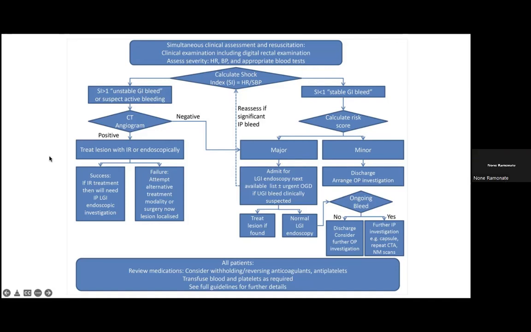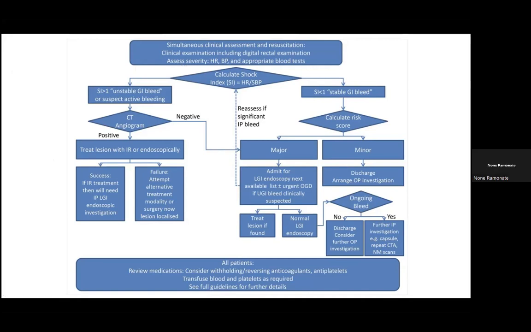How do you all feel about these scoring systems? When we were reading over it, I was staring at some of these scoring systems about whether a lower GI bleed should be hospitalized or sent home.